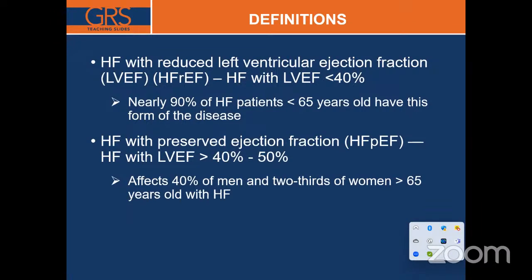Heart failure with preserved ejection fraction means that the left ventricular ejection fraction is more than 40 to 50%. So the reduced ejection fraction is less than 40%, and the preserved one is from 40 to 50%. It affects 40% of men and 2/3 of women more than 65 years old with heart failure.